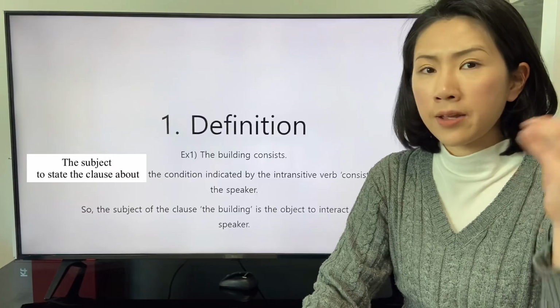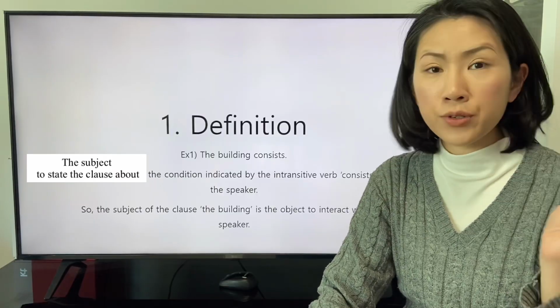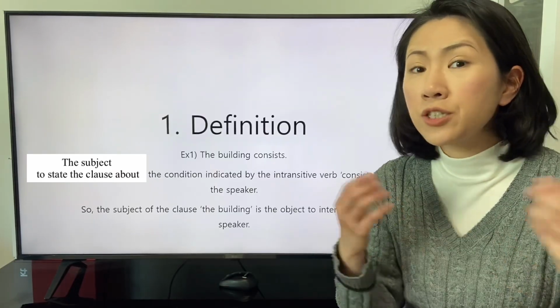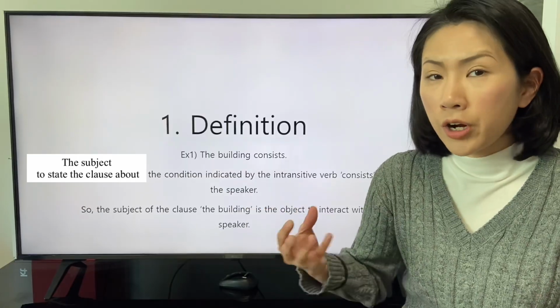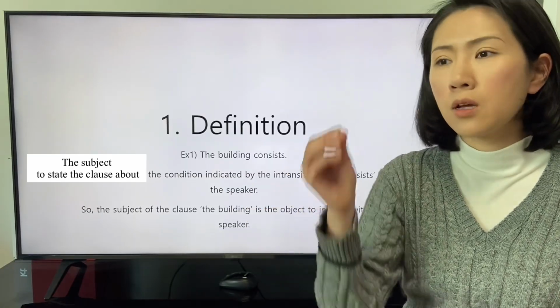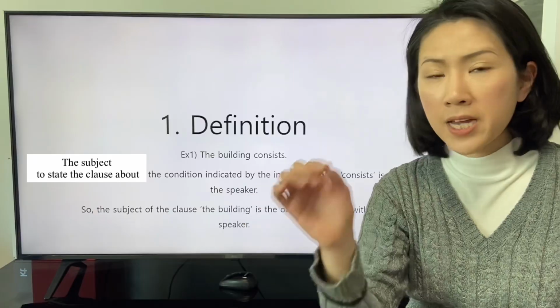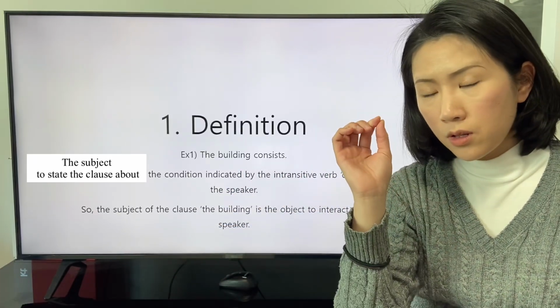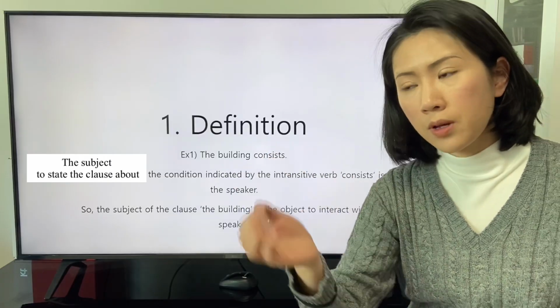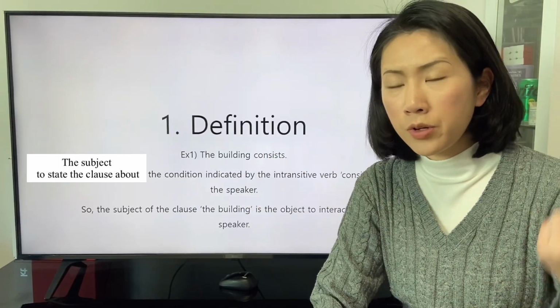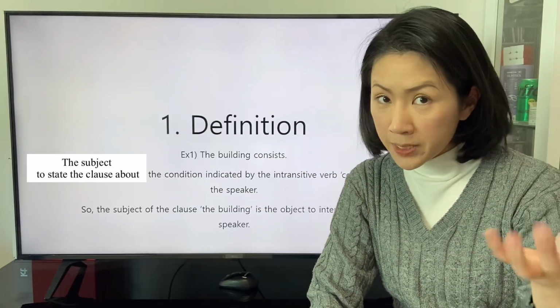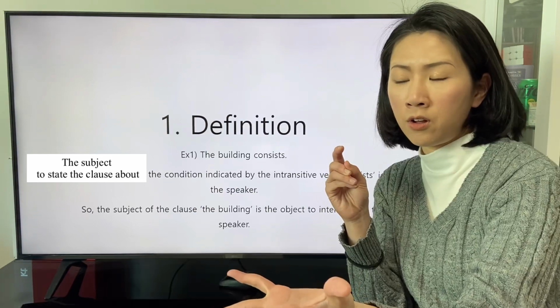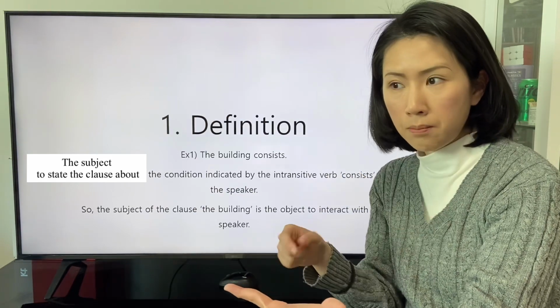So we can understand that the definition of the intransitive verb actually does not start or finish by the subject itself. The subject of the intransitive verb can be understood as an object of the statement by the speaker.